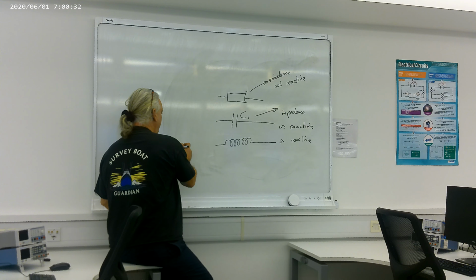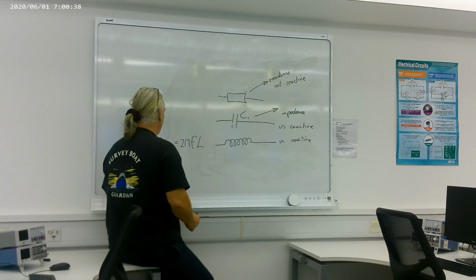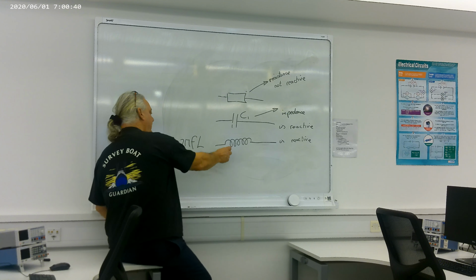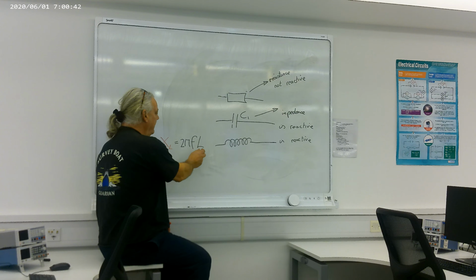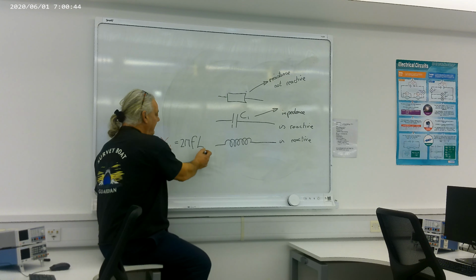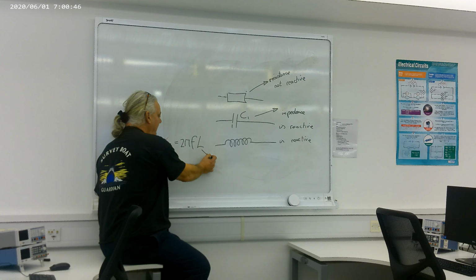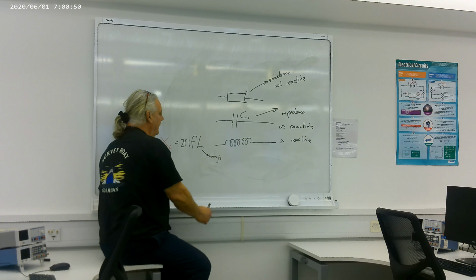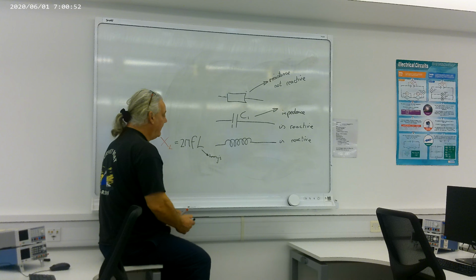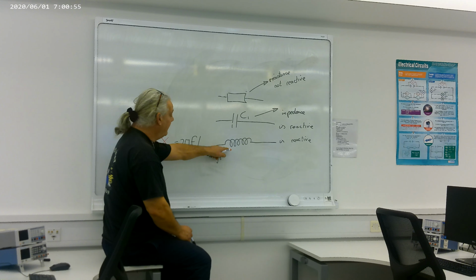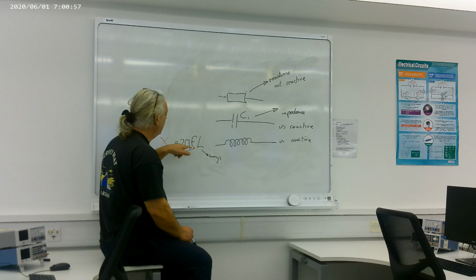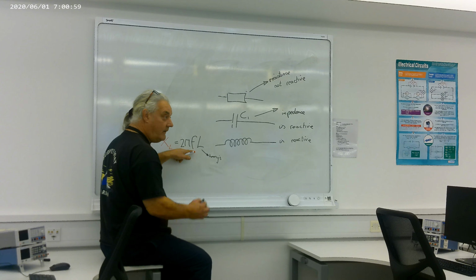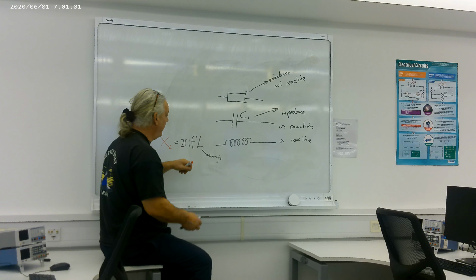Well, probably seen it before in physics, actually: 2 pi F L. So if you give me an inductor and tell me what size it is, the inductance is in a unit called henries, and if you tell me the frequency as well, I need two pieces of information here.